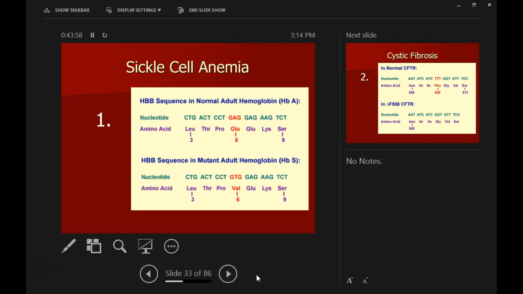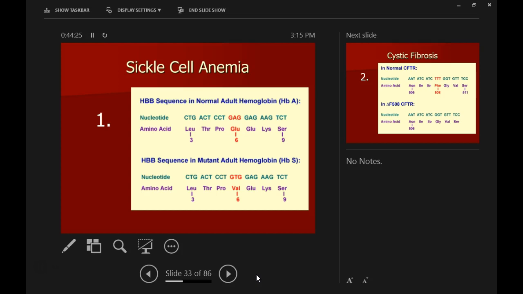We went from an A to a T. We've had the incorrect base instead of the correct one. What's the general way we call that? Base substitution. This is a base substitution.